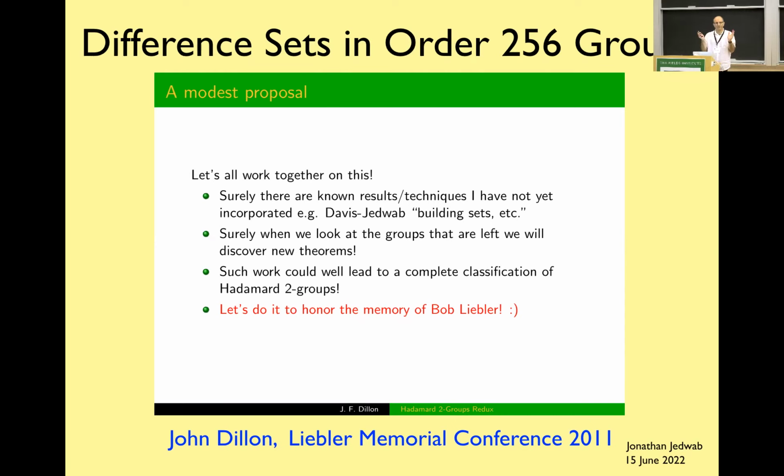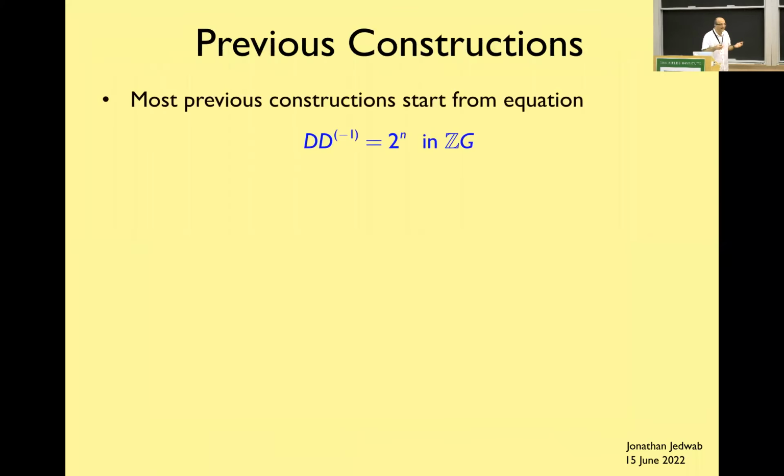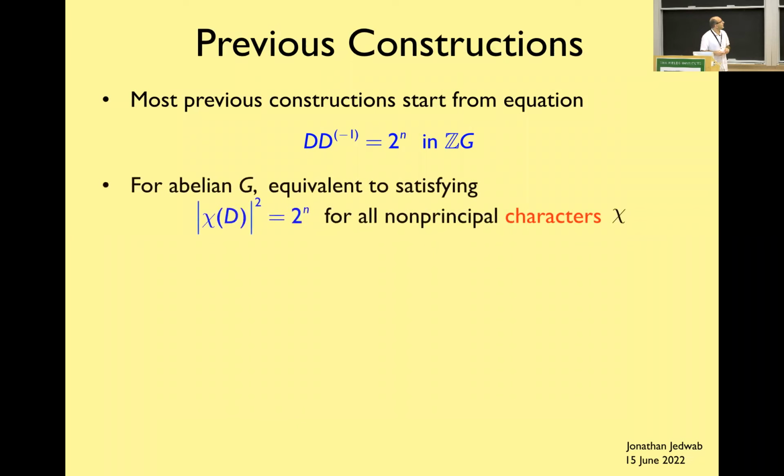So before I tell you the new idea, what was everyone else doing before? Well, most previous constructions start from this equation in the group ring, which is characterized as a difference set. Let's suppose that the group G is abelian.